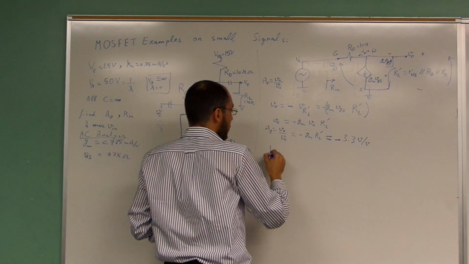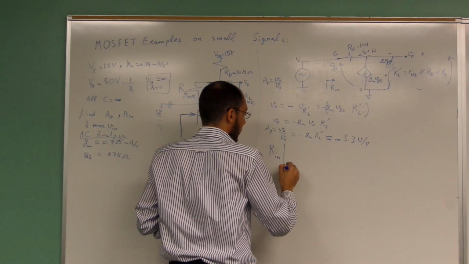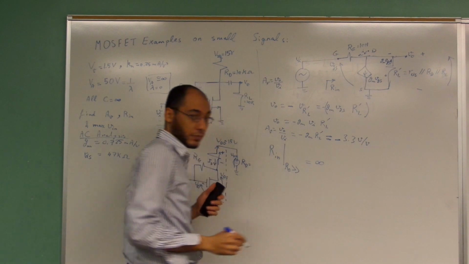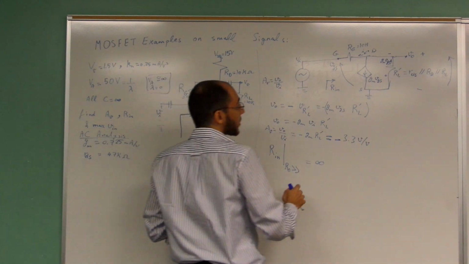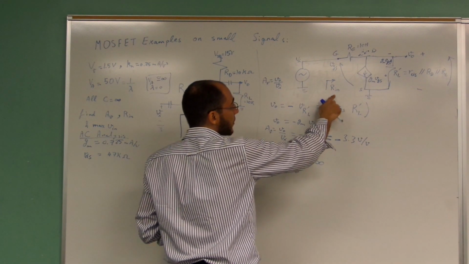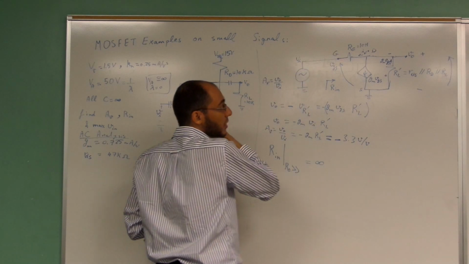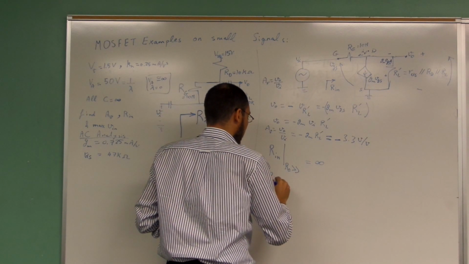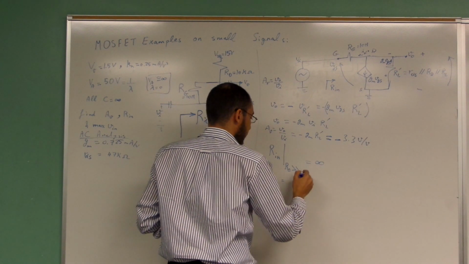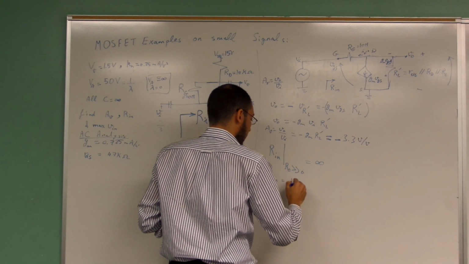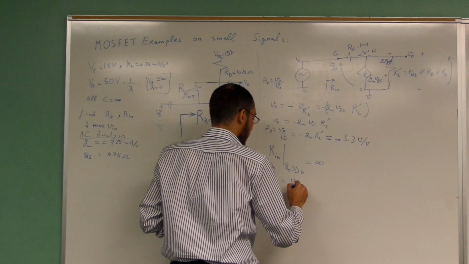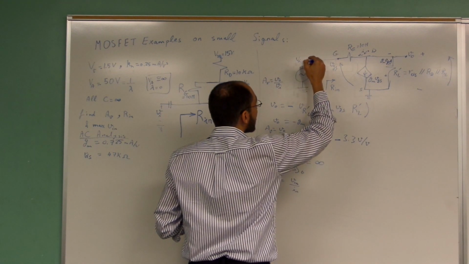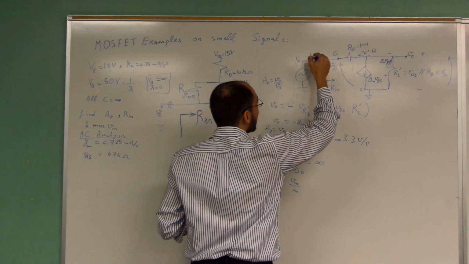Because if you neglect the RG, R input at RG very large, of course it's equal to infinity. However, if you want to calculate the actual value that this input source is seeing, you need to calculate R input equals V input over I input, where I input is the current passing here.